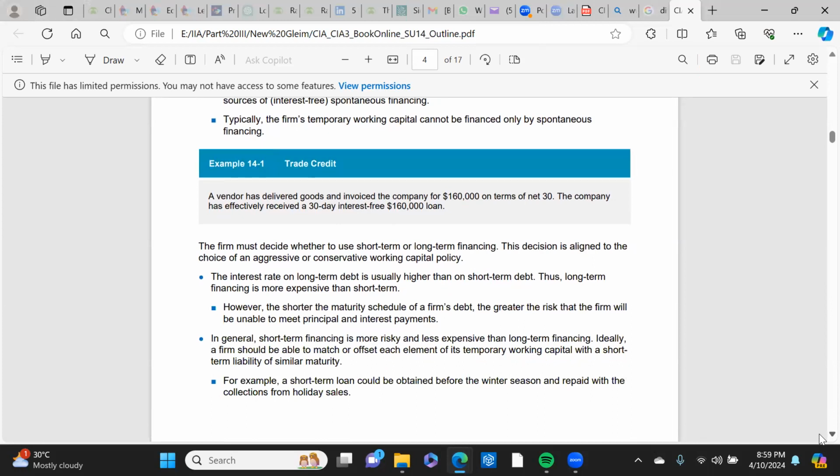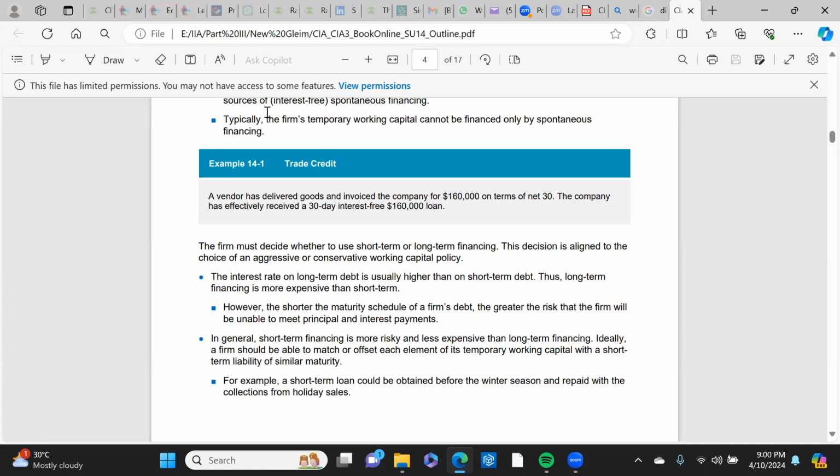Then we go and look at trade credit. Very simply, a vendor has delivered goods and invoiced the company 160,000 on terms of net 30. So within a 30-day credit period, the vendor delivers the goods and invoices the company 160,000, which means the company has effectively received a 30-day interest-free 160,000 loan.